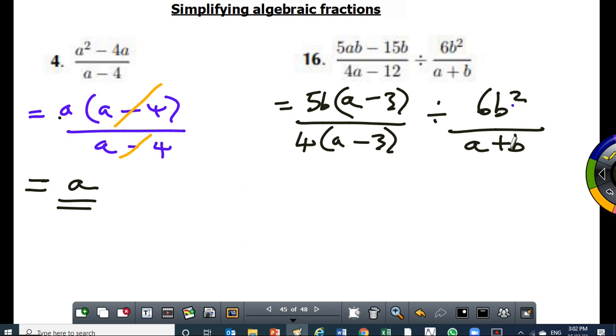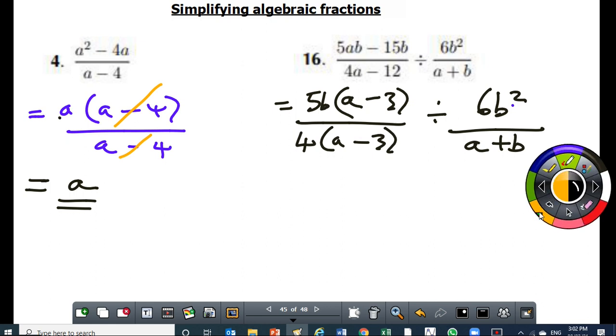So here we have got a scenario where this a minus 3 and that a minus 3 can cancel out. Yes, I can cancel those two. If I cancel those two out, I'll end up having a simple fraction, which will be 5b over 4.